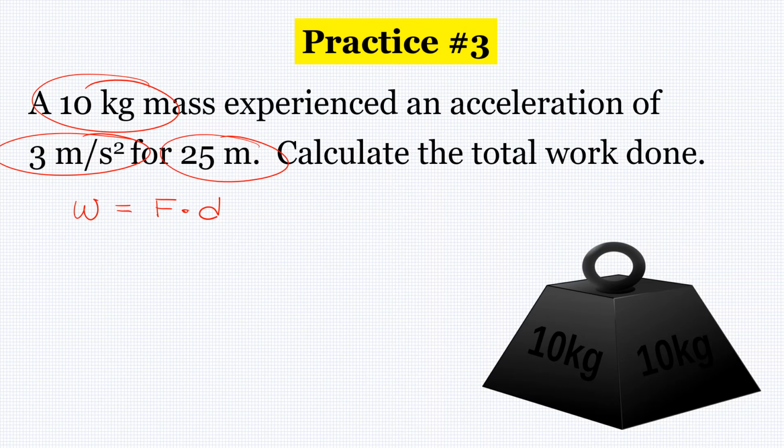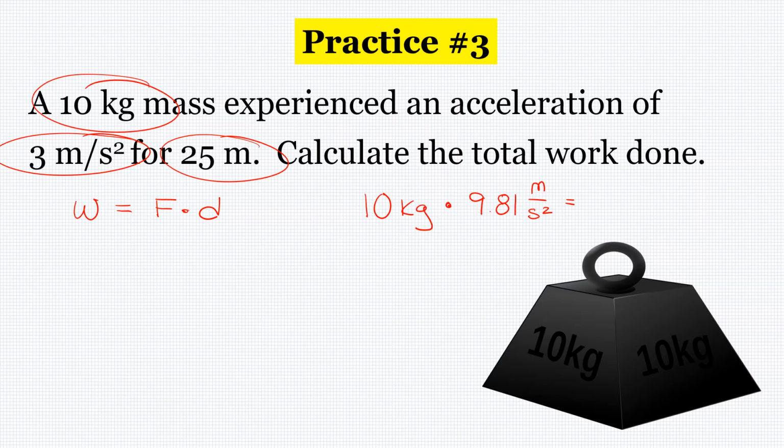Okay, so in order to get a force, we have to first go ahead and convert our mass into a force. So we've got that force of gravity. So we've got 10 kilograms, and we're going to multiply that by 9.81 meters per second squared.